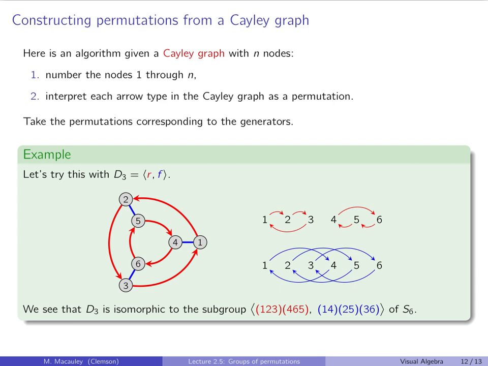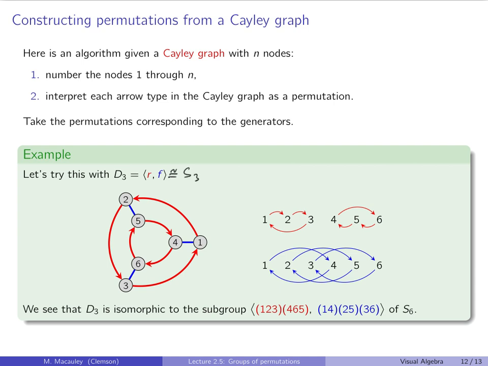We see that D3 is isomorphic to the subgroup generated by these permutations in S6. Again, not a proof, but it really seems like this should be the case. Now, I should mention that D3 we actually know is isomorphic to S3.